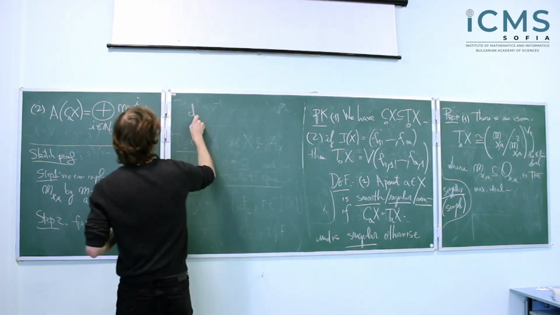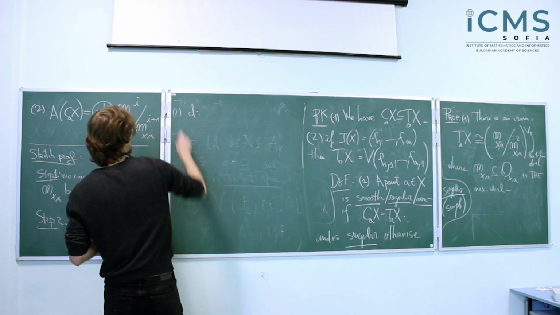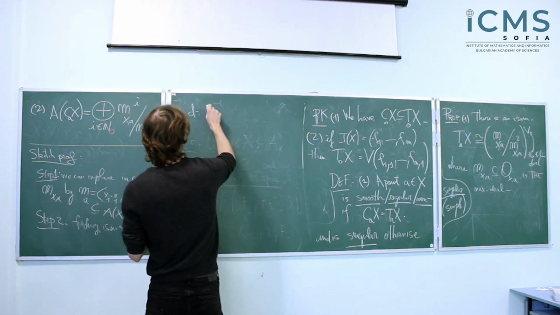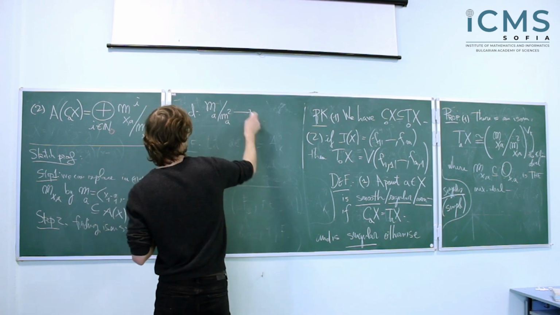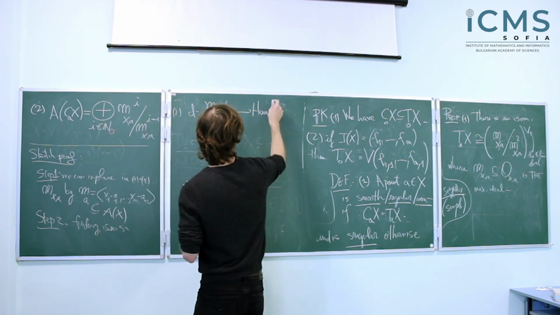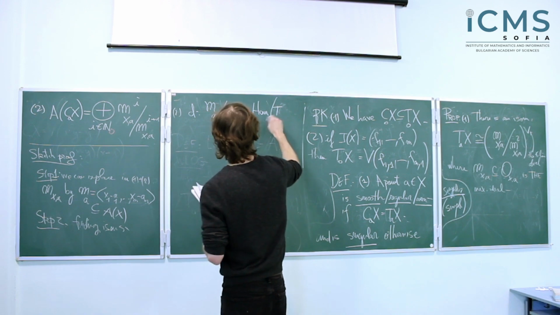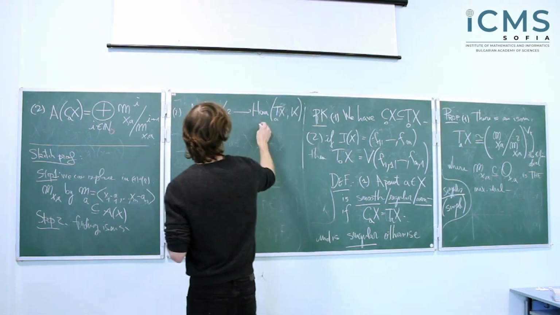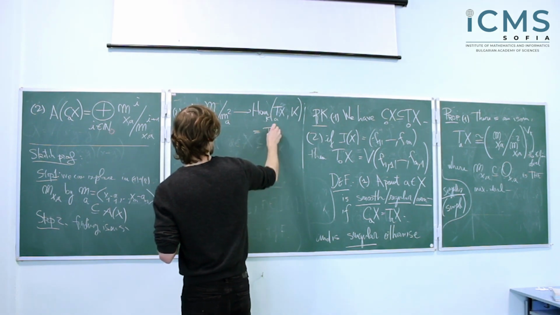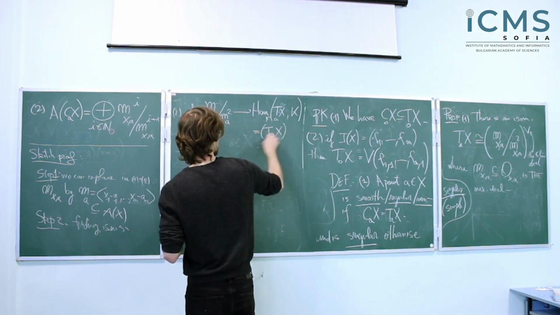So, for instance, the first one is going to take M_a over M_a squared. So this will be the dual of the tangent space of X, right?